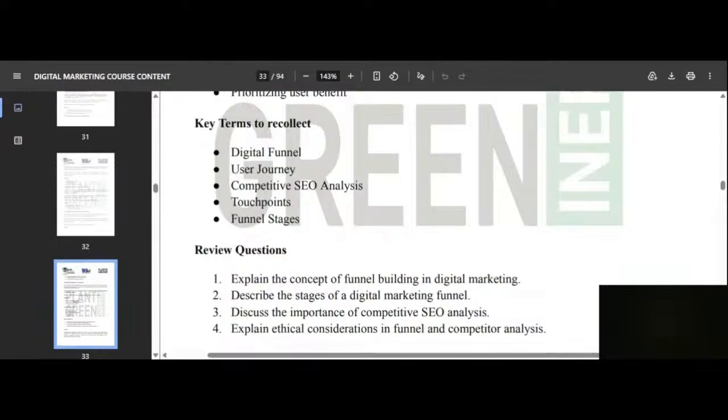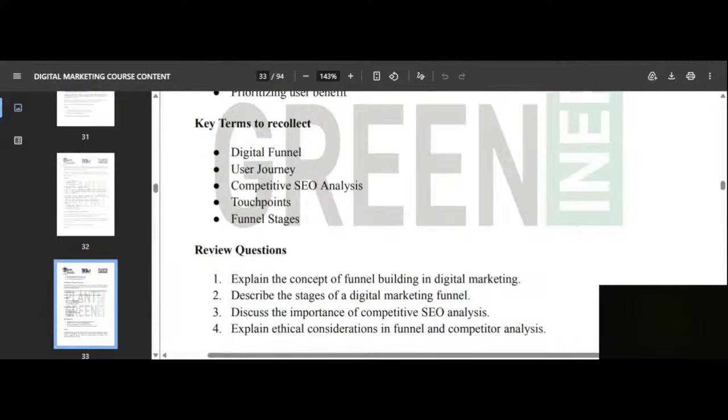We also discussed competition SEO analysis, how you do competition SEO analysis, and what the touch points are. And we discussed the different stages of the funnel.